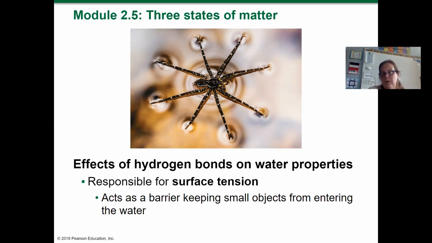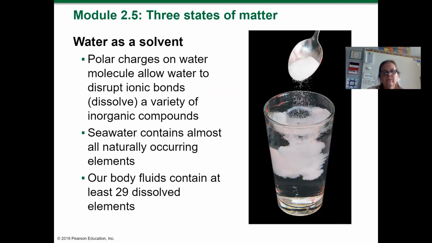Surface tension is responsible for that, the idea that the hydrogen bonds are sticking together, acting as a barrier. Water is also a very important solvent. When we talk about the fluids of the body, the tissues that are more fluid like blood, water is the solvent for everything that is dissolved in blood and everything that is held in blood.